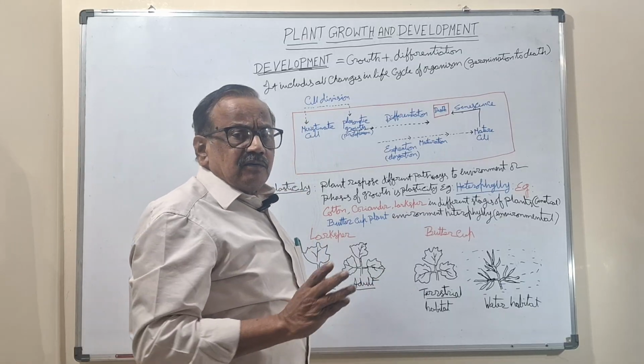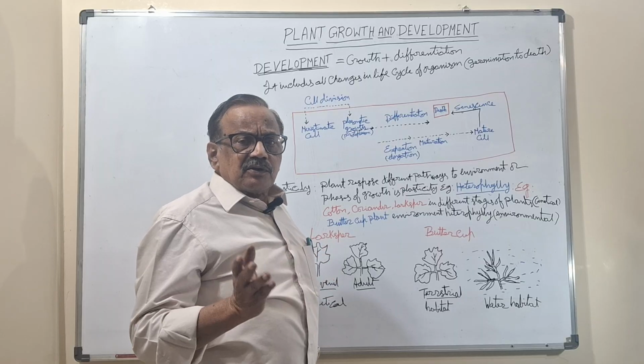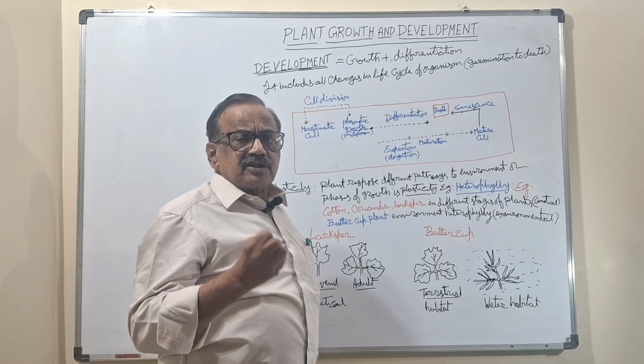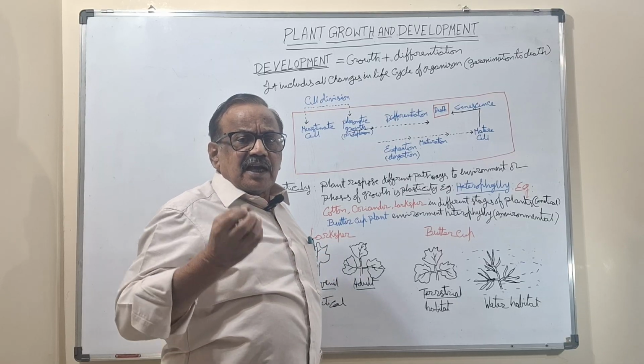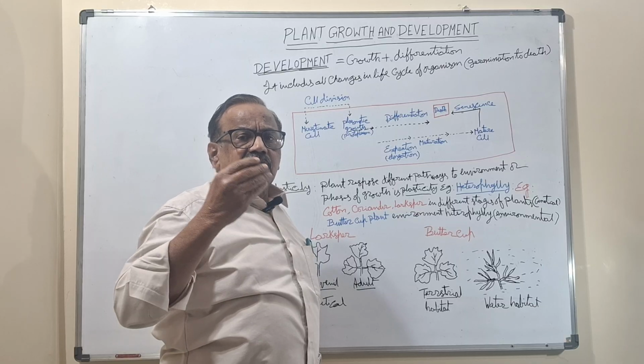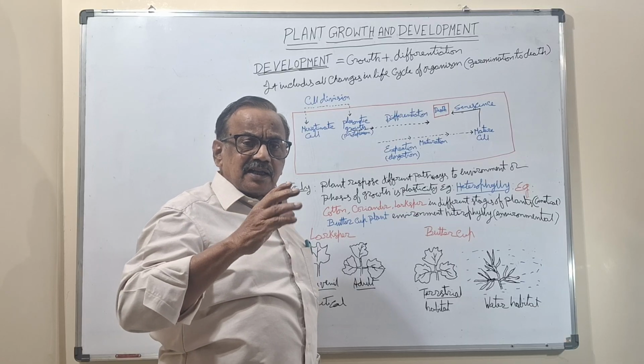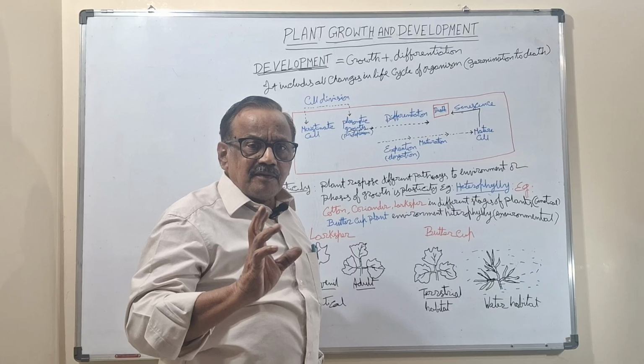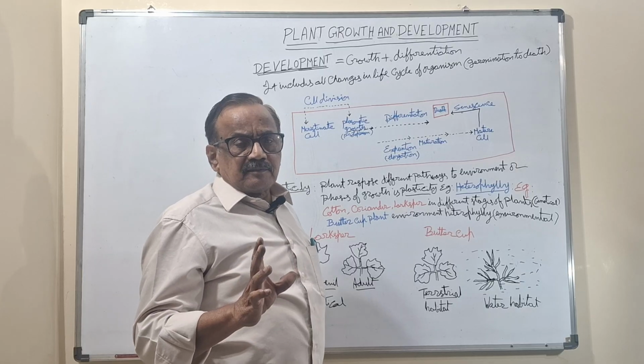Now we already saw what growth means. The meristematic cells produce new cells, and the elongation that follows comes under growth.